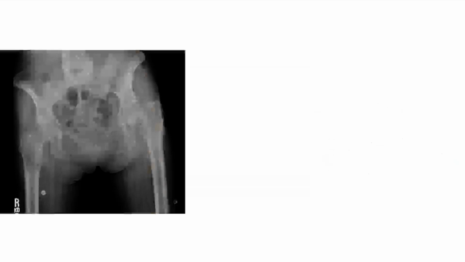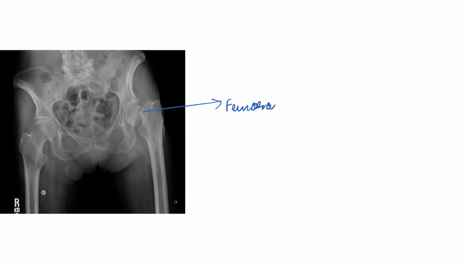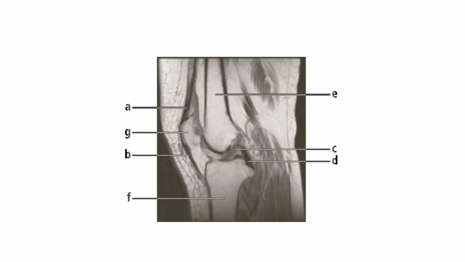What does this picture show? This picture shows femoral neck fracture. And let us mark the structures in this MRI. A is quadriceps tendon. B is patellar tendon.